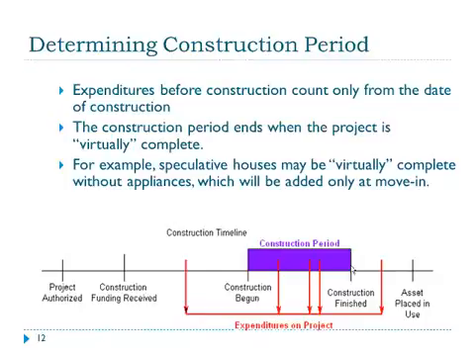That's a little bit vague, but in many construction projects, there's a final walkthrough that may identify we need a doorknob here and we forgot to paint the baseboard. So, for example, speculative houses may be virtually complete without appliances that'll be added only at move-in. So we're going to finish allocating interest, not holding this time period open for the last doorknob, but when it's virtually complete.